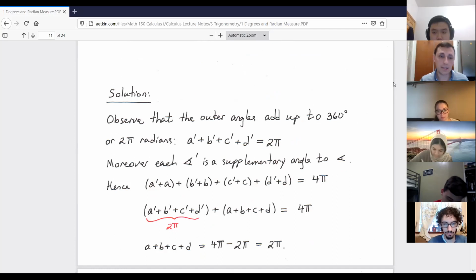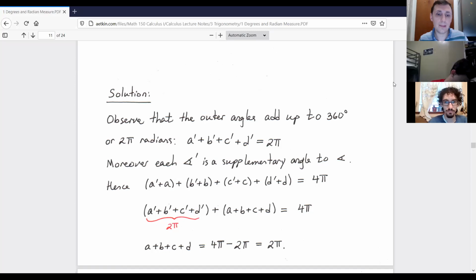Add up inner and outer angles, all of them together, you get 4 pi. Subtract 2 pi, you get the inner sum. We know the outer sum and we know the total sum of inner and outer, so we can get the inner sum. Make sense, Angela? So I right away say it's 2 pi.